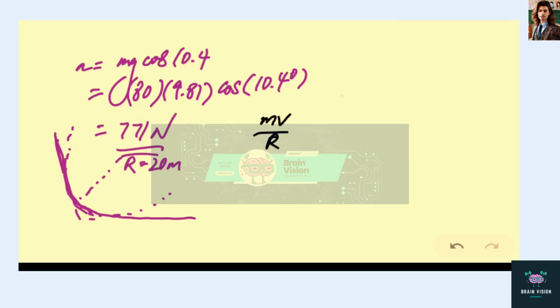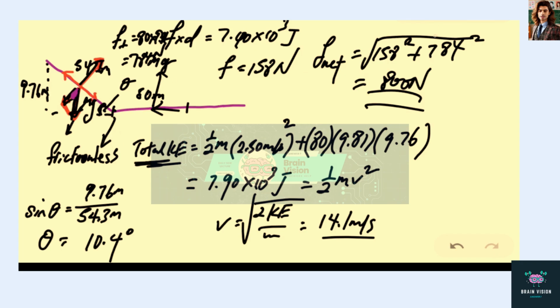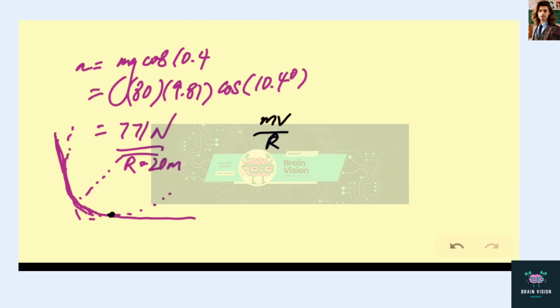And we know that near the bottom over here, the velocity is what we have found earlier, vc, the velocity at point C, which is 14.1 meters per second, right? And we know that the free body diagram at this point is experiencing its own weight.